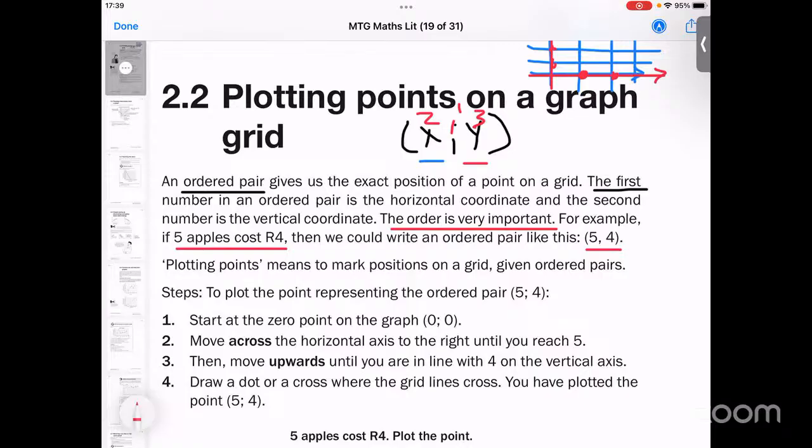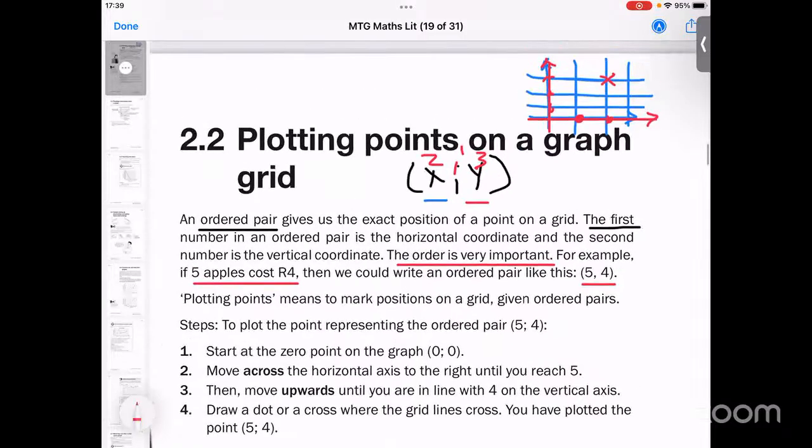Then if you had to plot that, just like I did with 2 and 3, you'll firstly look for number 5, then it's 1, 2, 3, 4, 5, and somewhere there. That means the x-axis represents the number of apples, and then on the vertical axis you have 1, 2, 3, and then 4 somewhere there, and it ends up being at the point where these two things meet.